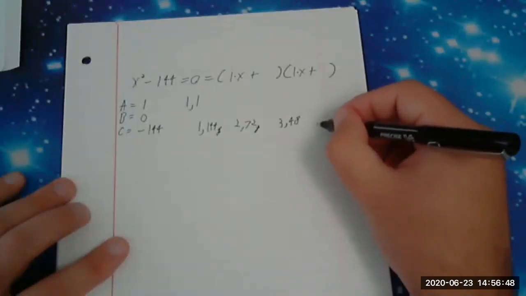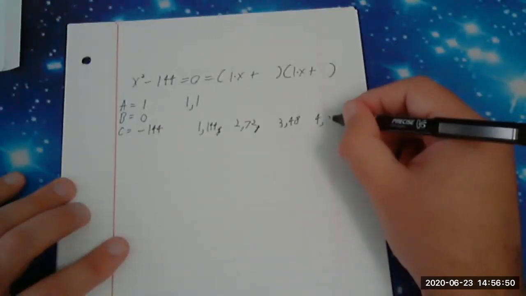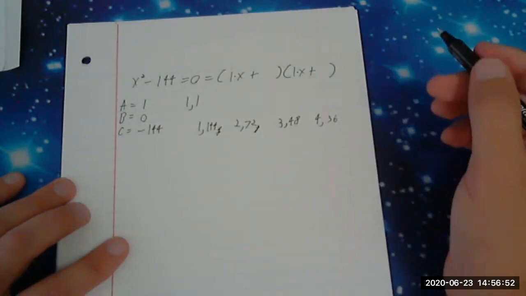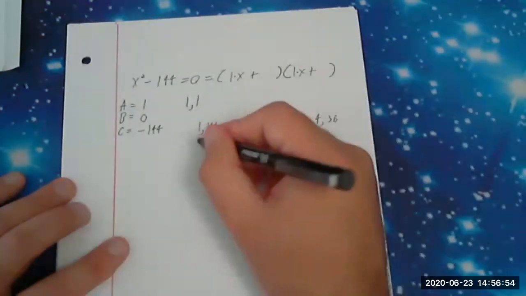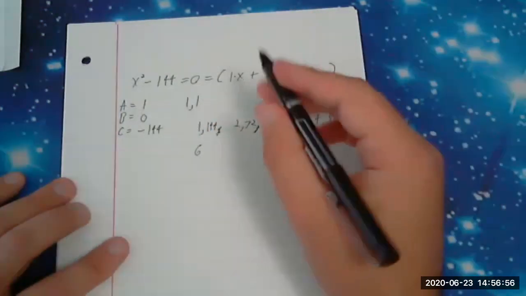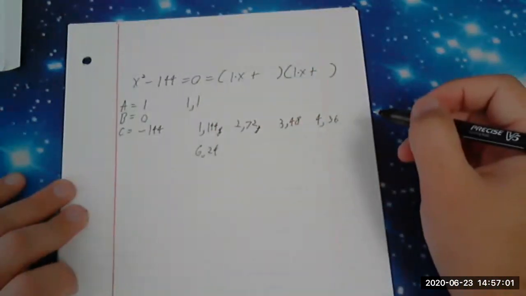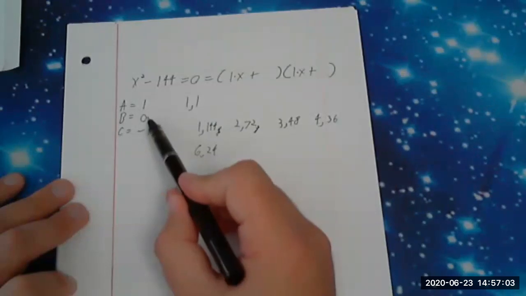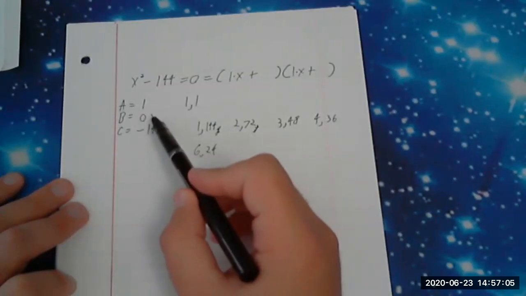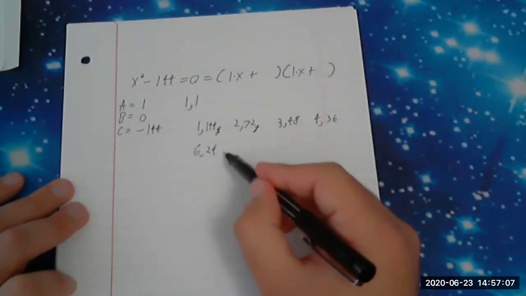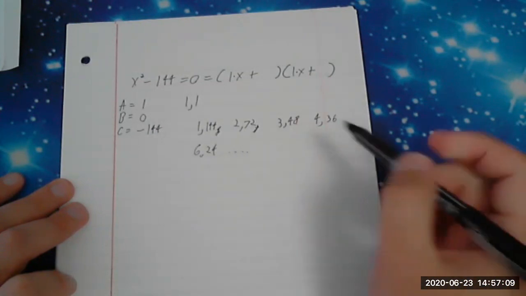And they really keep going. 4 and 36. 6 and 24. So you have all of these different things. But this 0 is where, I'll draw a dot, dot, dot, because there are actually more.